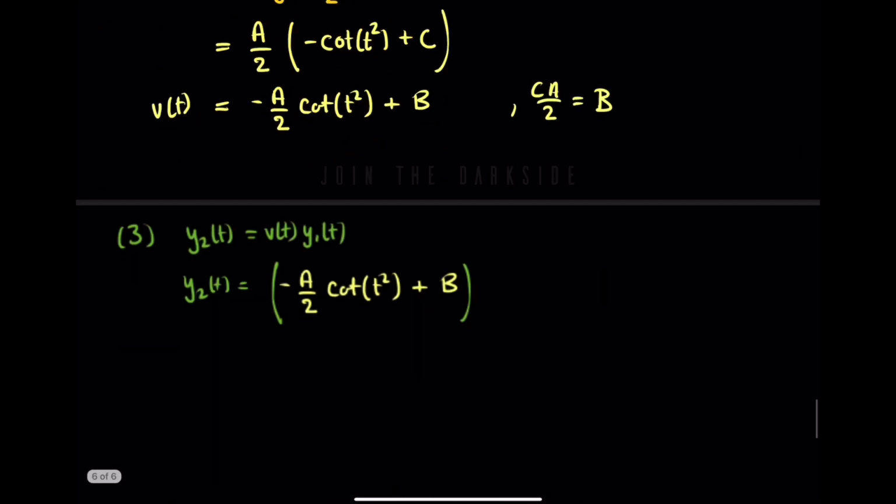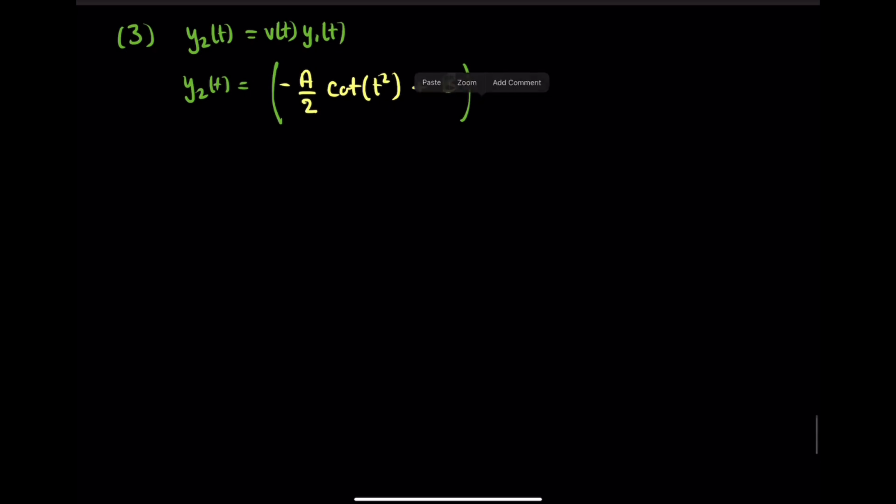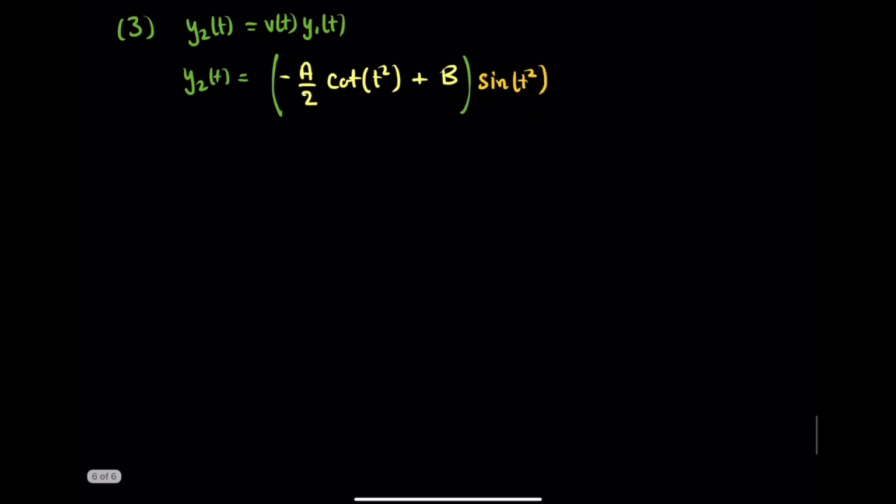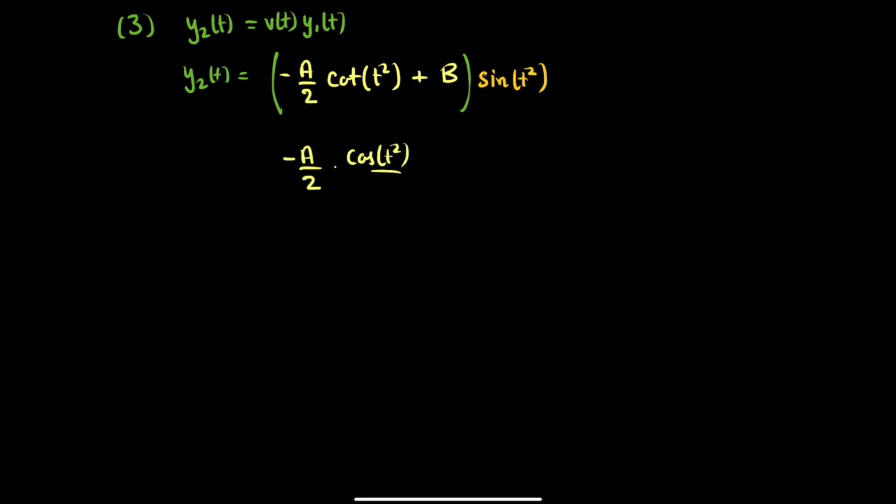That's really cool. Now remember that cotangent is equal to cosine over sine, so we can rewrite this as minus a over 2 cosine t squared over sine t squared plus b, and then this is sine t squared.